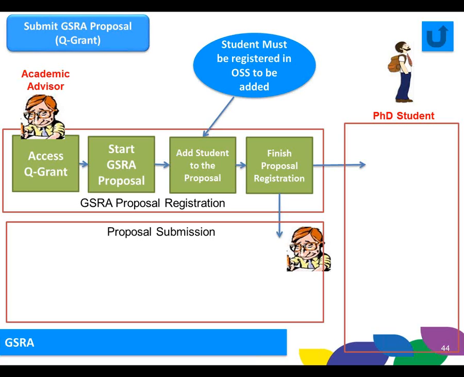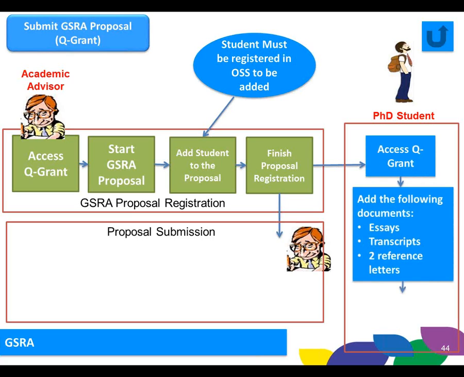At this stage, the student logs in and can access a Q grant and adds the following documents. Of course, he or she can also edit their profile at any point, add anything, edit any of the already existing documents, and also add or delete dependents depending on the situation. And the following documents will be added for each proposal.